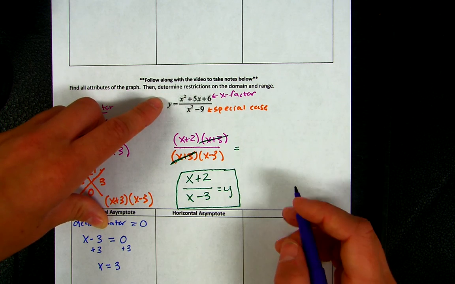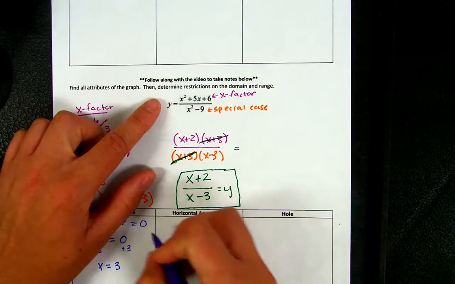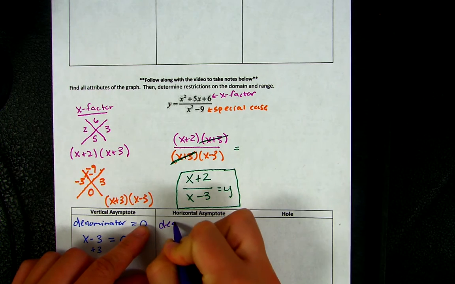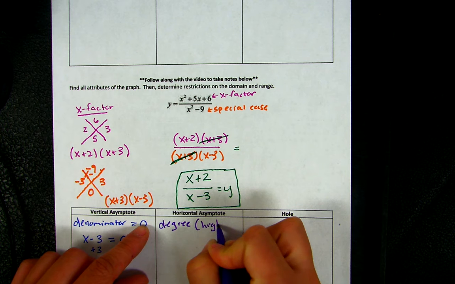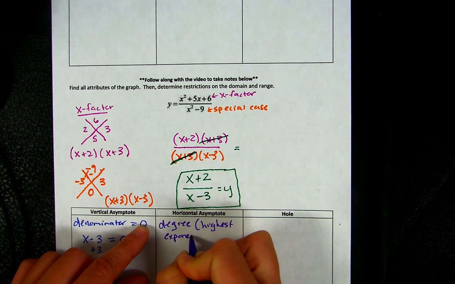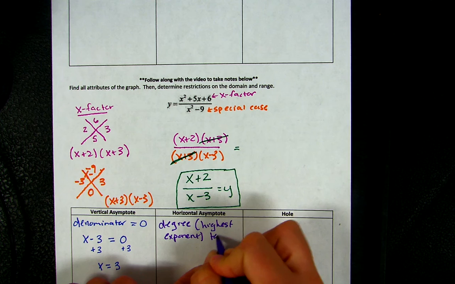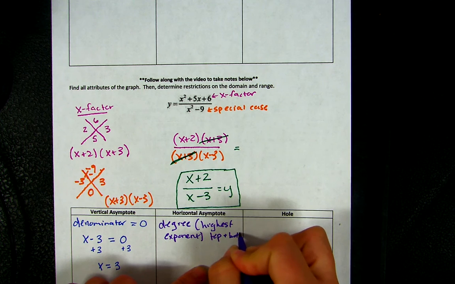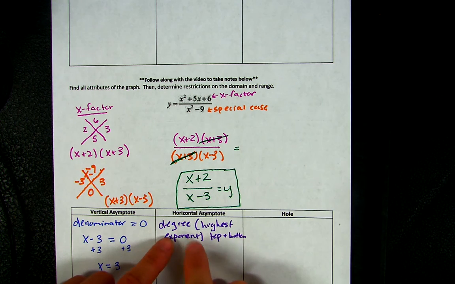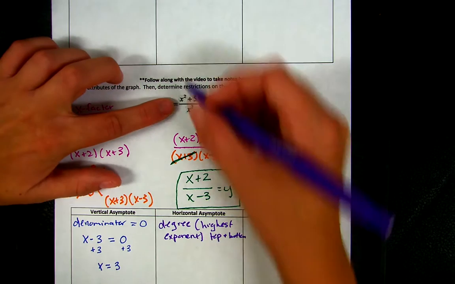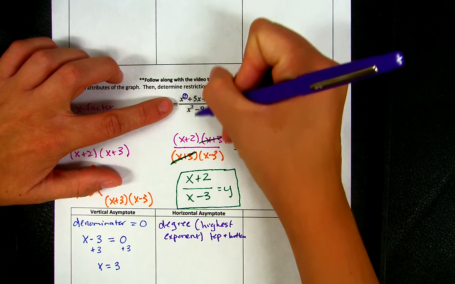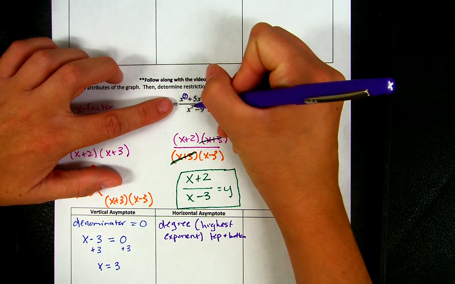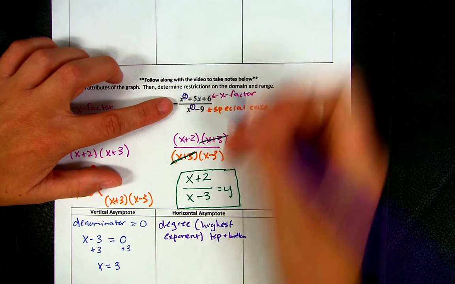I usually look at the original, and you're looking at the degree or highest exponent in the top and bottom of the fraction. Okay, and I'm going to have these rules listed on the next slide. But if we're looking at the degree, my highest exponent in the top of the fraction is 2. My highest exponent in the bottom of the fraction is 2.